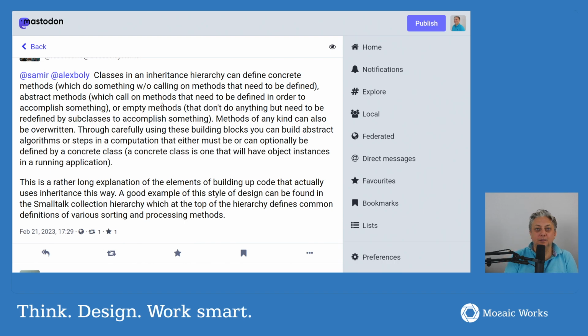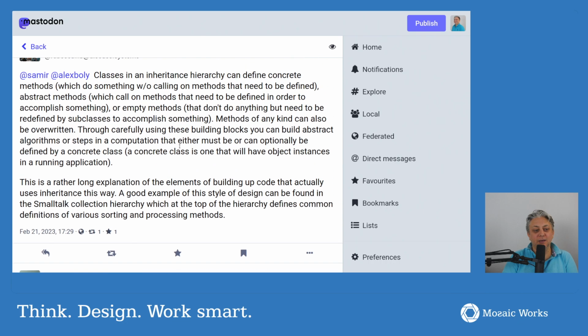And I think if you're doing anything more complicated in software design, you end up using this null method pattern. So I used to be annoyed by that, but now I realized that actually I was being annoyed by the wrong thing. So empty methods of any kind can be overwritten.